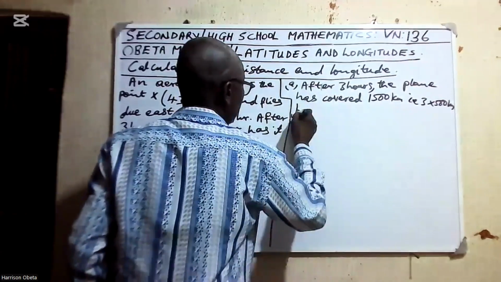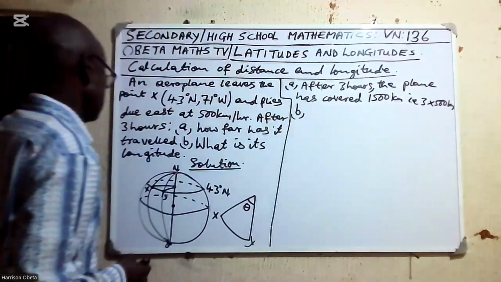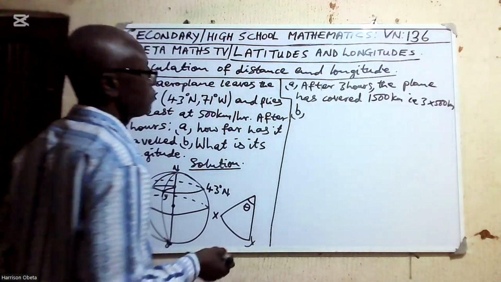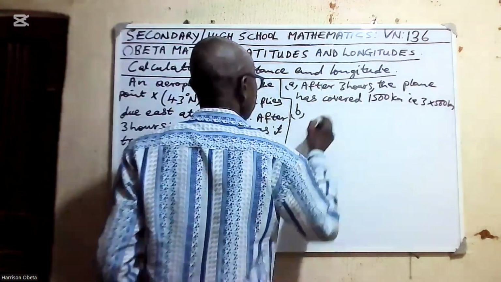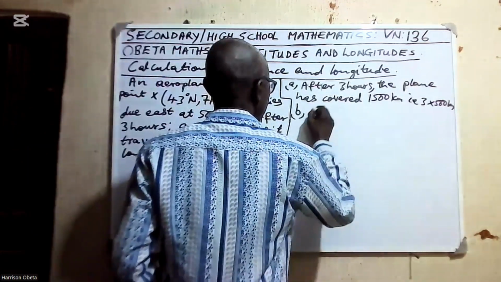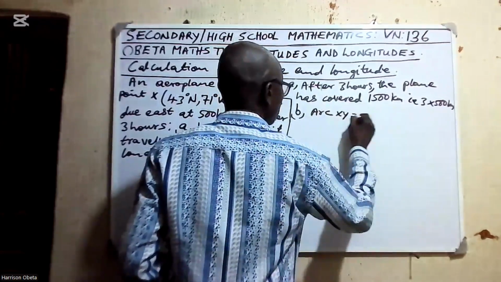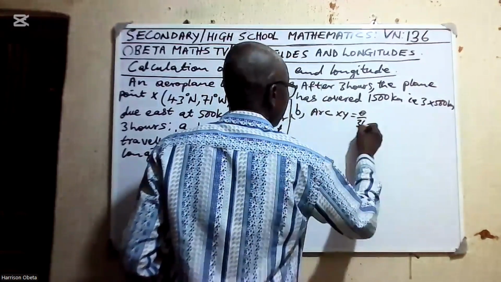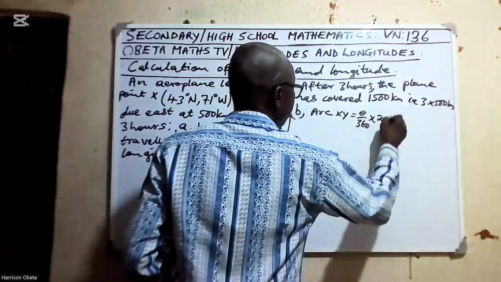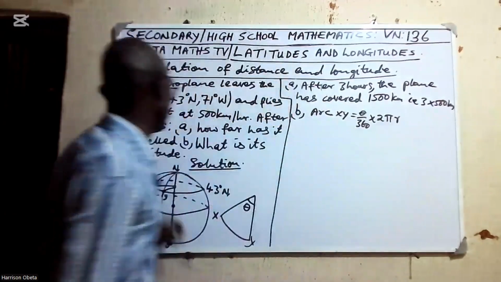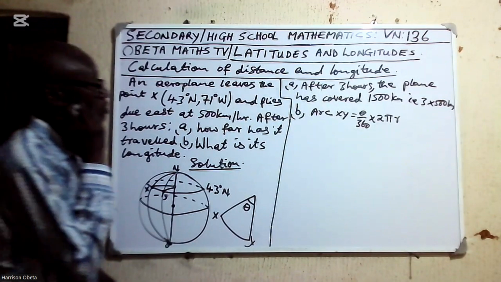So question B now, we use our formula, and that is arc XY is equal to theta over 360 times 2 pi small r, because we are dealing with a small circle.